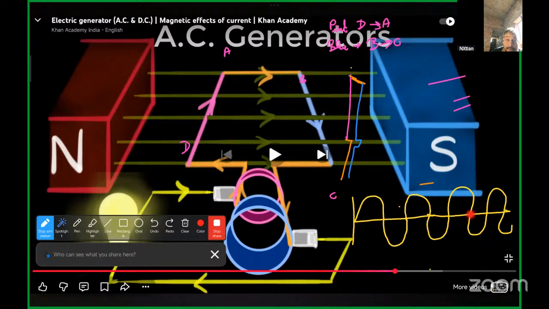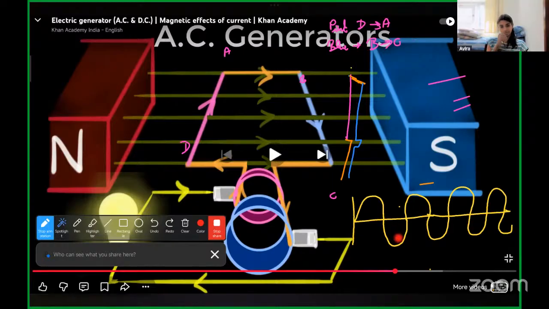And if it is very slow, then first of all the oscillation will be less, the crest and the trough will be less, which means less light will be generated. Less light means the brightness of the light will decrease.